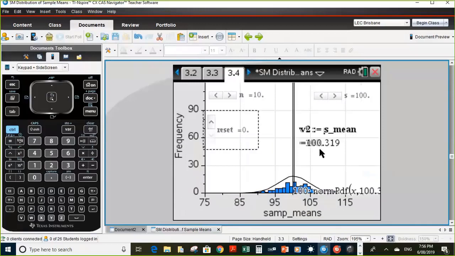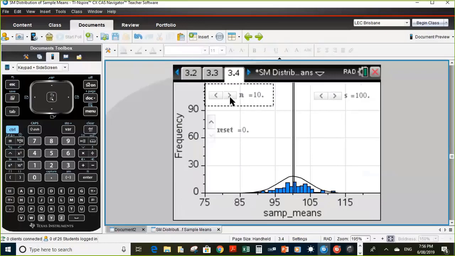It can also be shown in the guise of a histogram and a normal PDF. And Frank showed you how to locate that and use that. So if we increase n here, we're expecting the distribution to look more normal, and we're also expecting to see a scrunching effect take place.